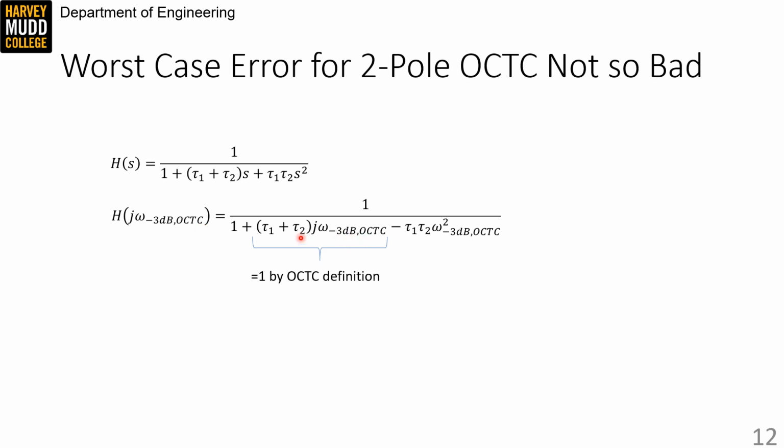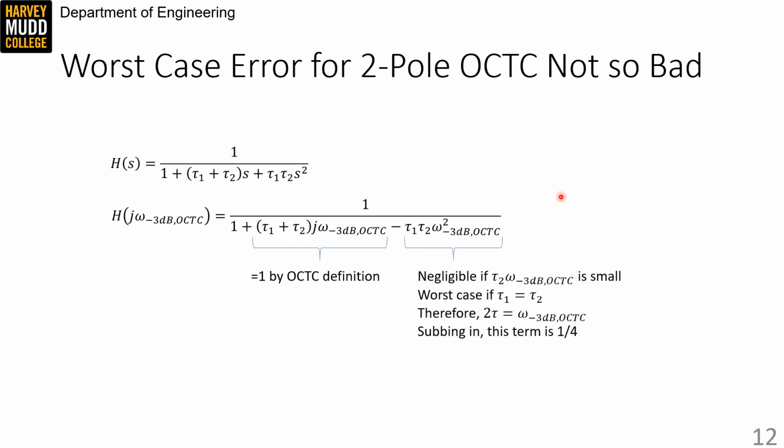We calculated it as the sum of tau i. We said this second term was negligibly small.